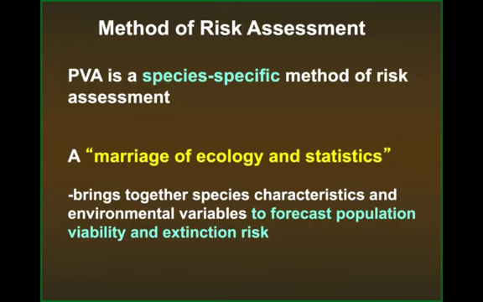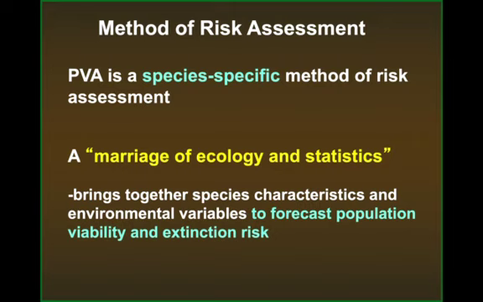Okay, so what, in essence, PVA is a method of risk assessment. It's a species-specific method, which means that you have to build your specific PVA model for each species or population that you're looking at. You can't just make a general one. It can be thought of as a marriage between ecology and statistics.